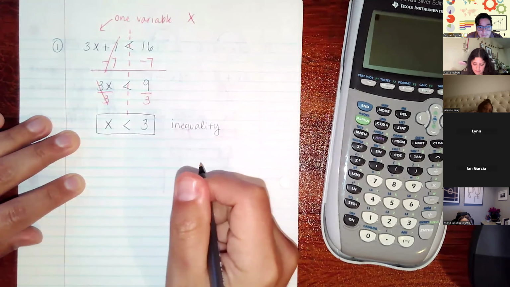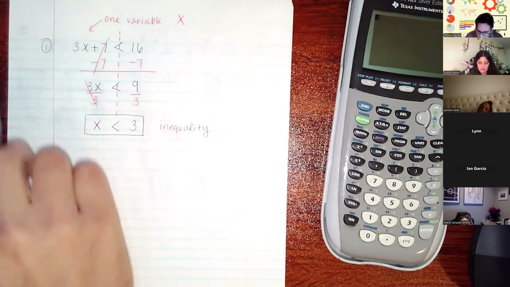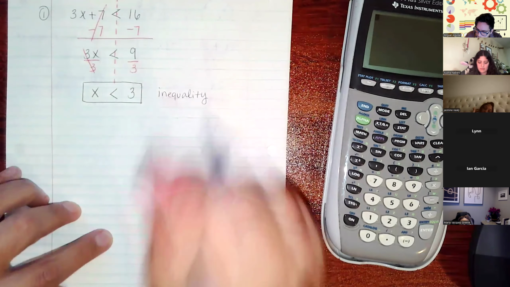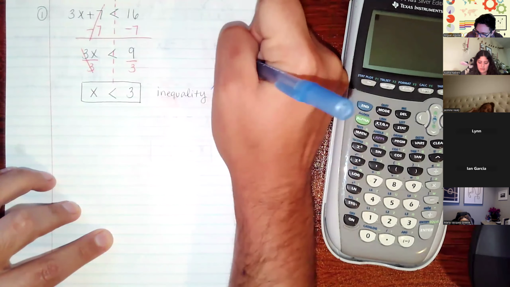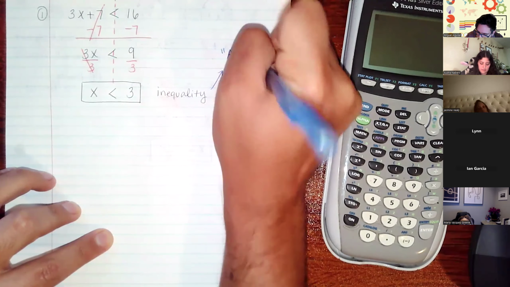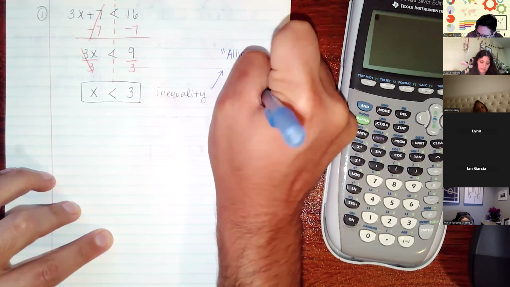Okay. And the way that you can remember what these inequalities are saying is by remembering the phrase, the alligator eats the bigger number, right?